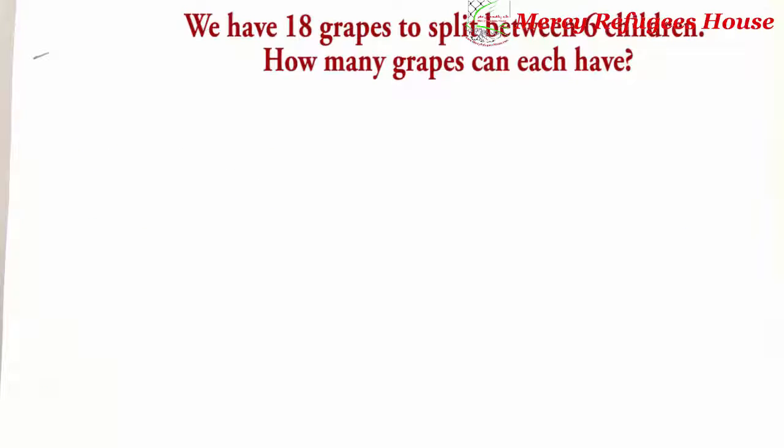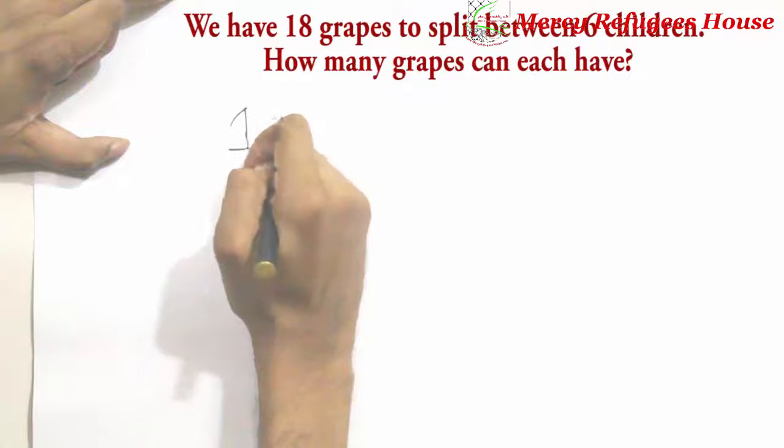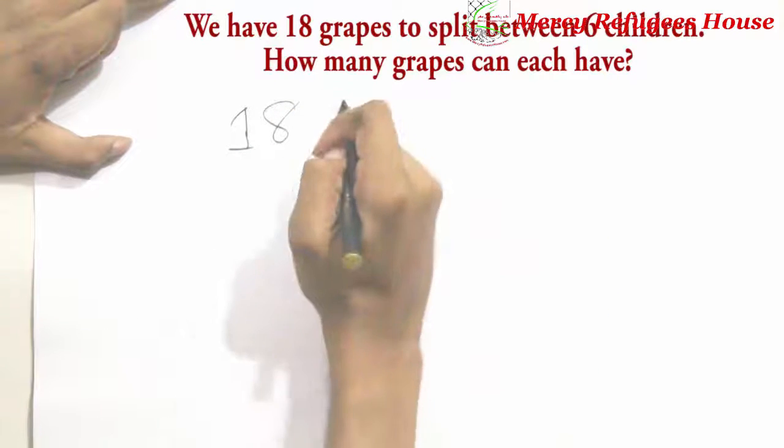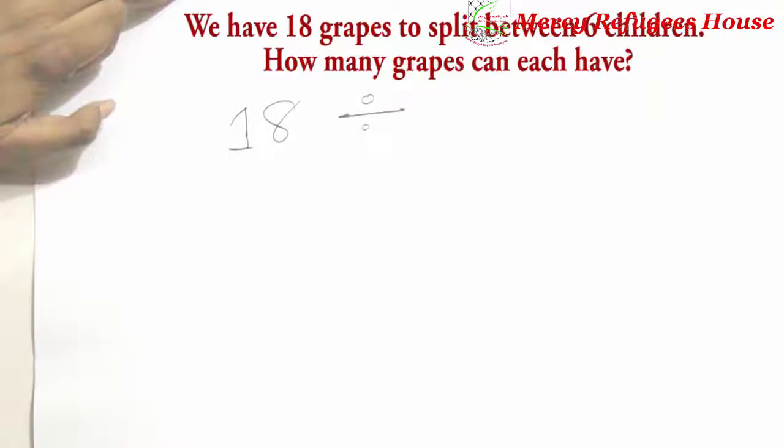Look at this example. We have 18 grapes to split between 6 children. Now how many grapes can each have? This question requires a division calculation that we can write down like this. 18, we need to divide 18 grapes, so we want to divide it among how many people?